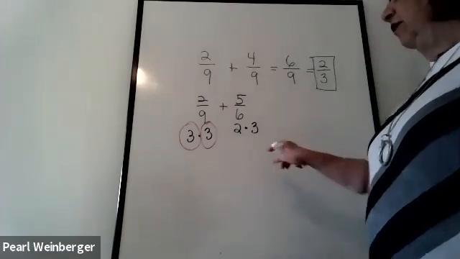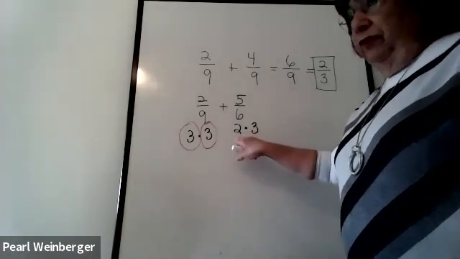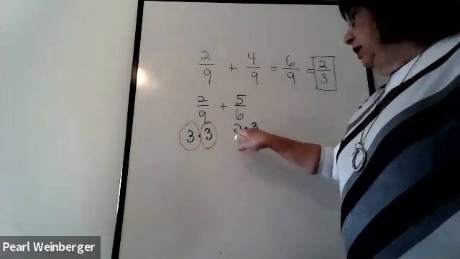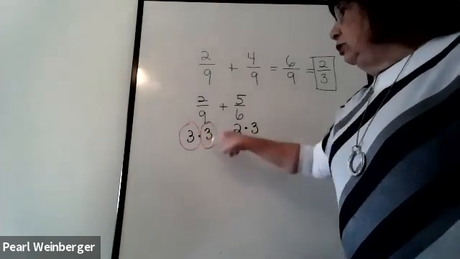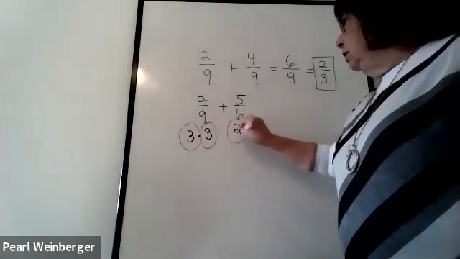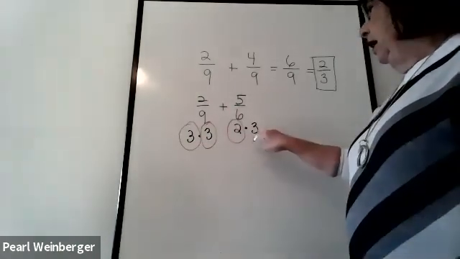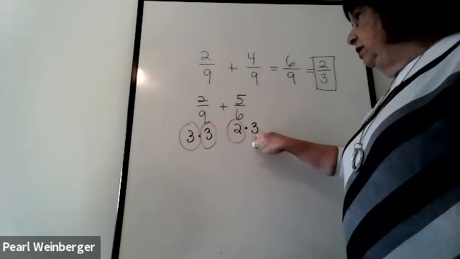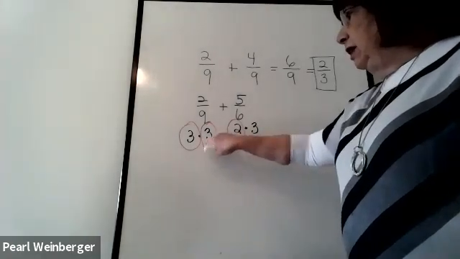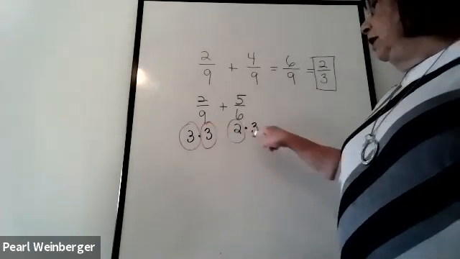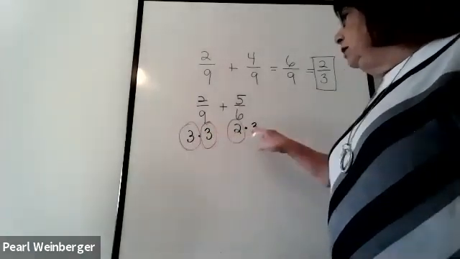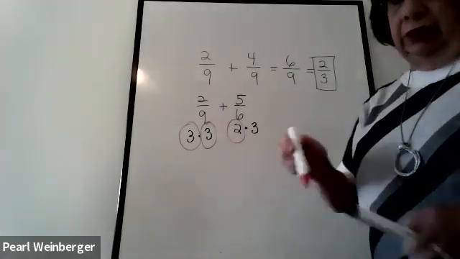Then go to the second fraction and look at your factors of your denominators there. One factor I see is a 2. I don't see any 2 circled here, so I circle it. Then I go to the next one. It's a 3. Actually, I've already circled 3s. I've even circled 2 of them, but I only had to circle 1 of them. Since this 3 is already circled, I don't have to circle it again.